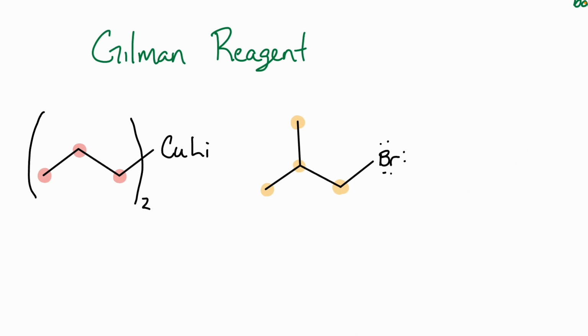And importantly, the carbons that are going to be linked together are the one at the base of the metal in my organometallic compound, the one that has all that electron density, and the electrophilic carbon in my alkyl halide. So everybody take a second and see if you can draw me the product of these reactions, linking these two carbons together to create a new molecule that will have a total of 7 carbons in it.